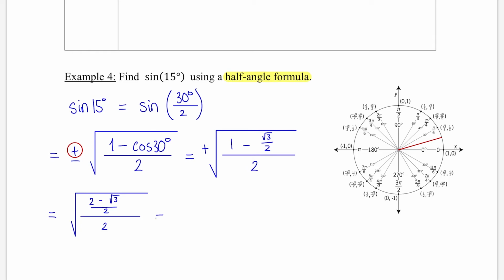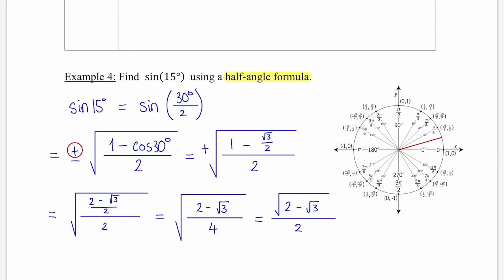Simplifying this, I will have the square root of 2 minus root 3 over 4. I cannot take the square root of the numerator, but I can take the square root of 4. So I'll have square root of 2 minus root 3 over 2.